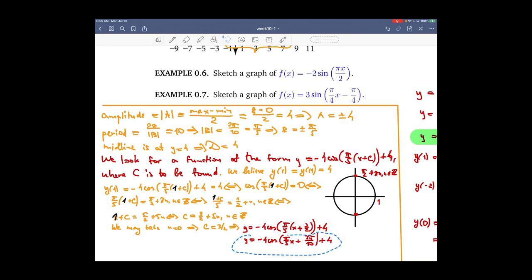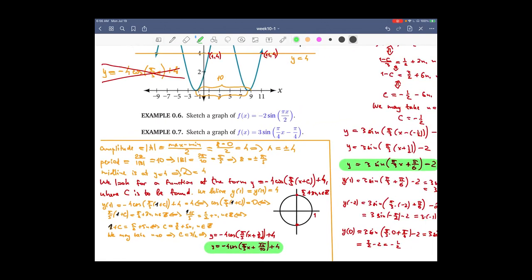We should check at least several points on the graph to understand that our answer is correct. Let's, for instance, check our point 1 and understand that really y at 1 equals 4. So it'll be -4 cosine of (pi over 5 plus 3 pi over 10) plus 4.